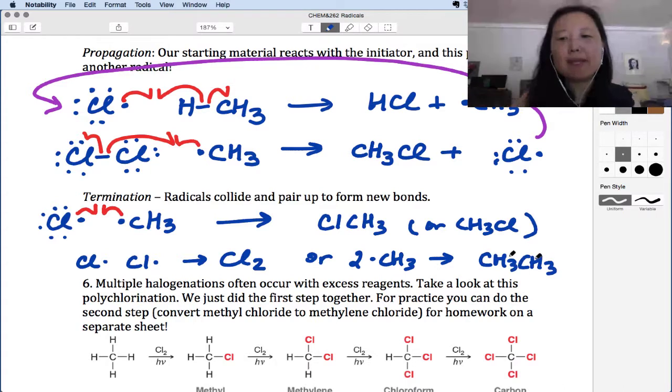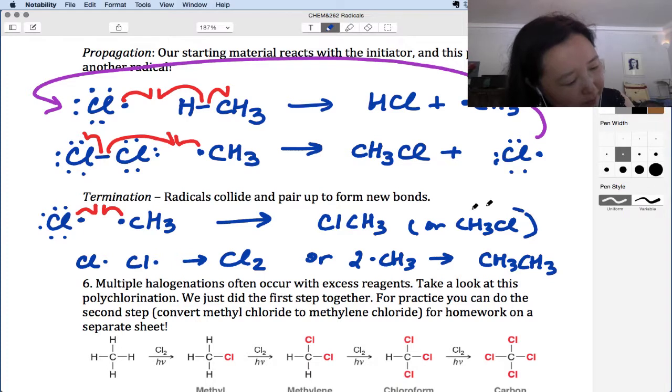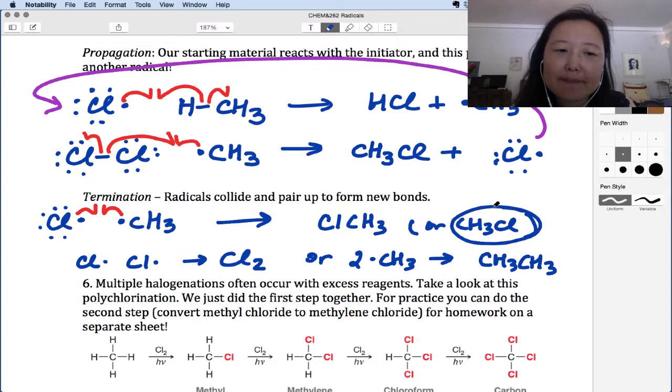Whenever you want to minimize that, you want to have excess chlorine compared to your methane, so you don't end up with too much methane colliding together. Otherwise you'll get ethane. But here's our major product, right there.